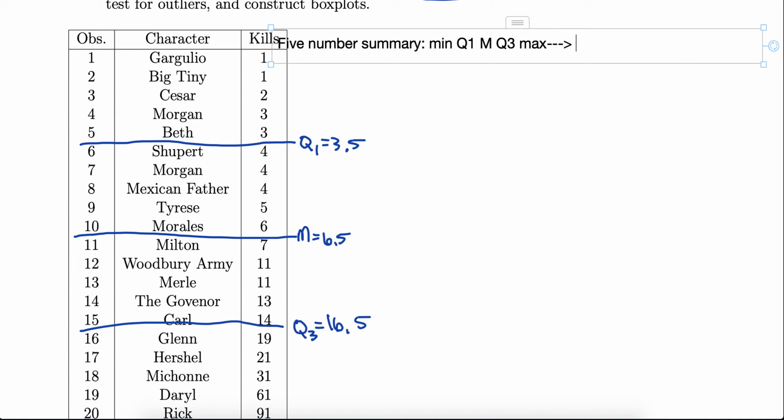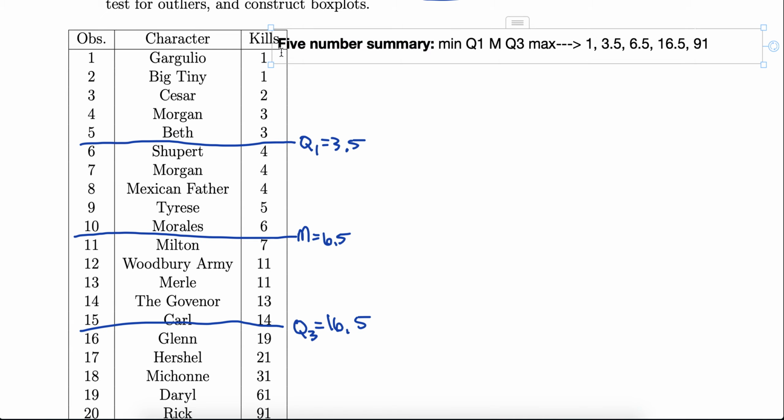So in this case, our minimum observation is 1. We can see that easily. We found Q1 to be 3.5. We found our median to be 6.5. And our Q3 to be 16.5. And then the max down there is Rick with 91 zombie kills. So there's our 5-number summary.